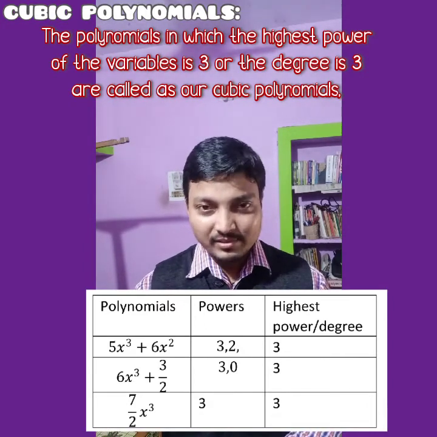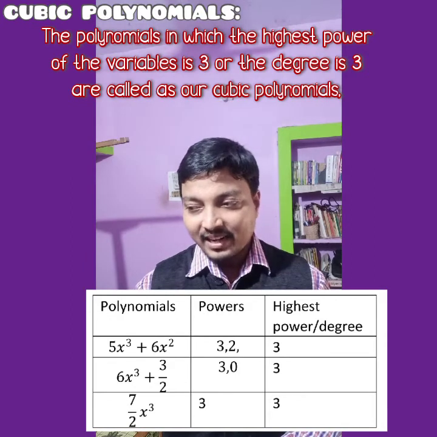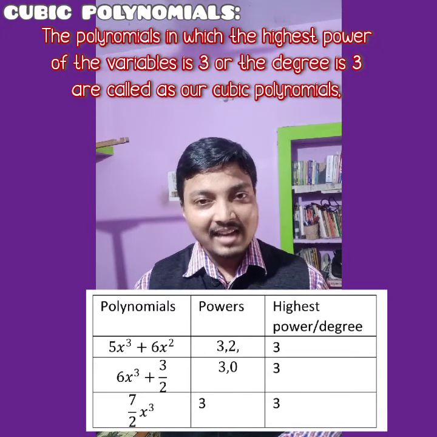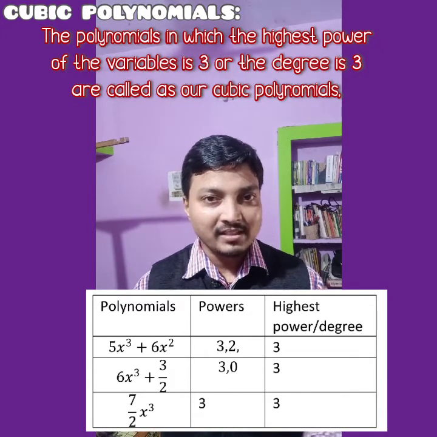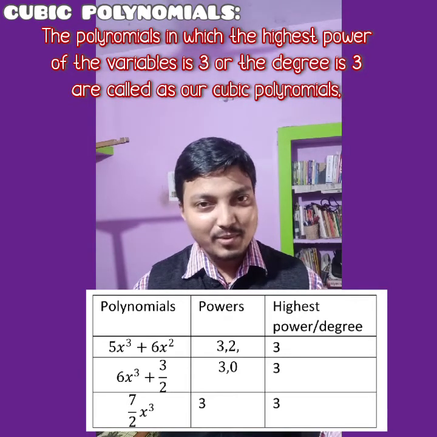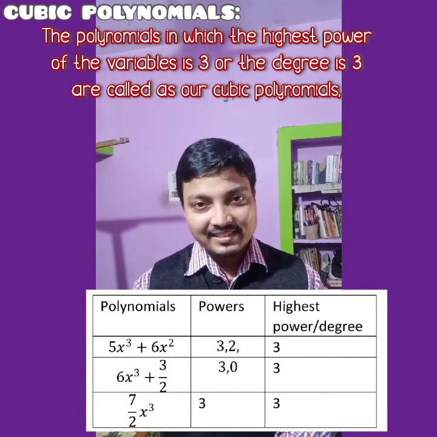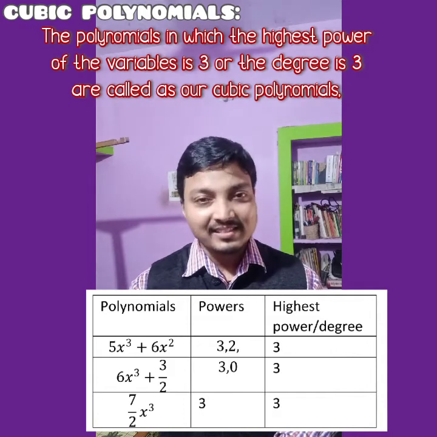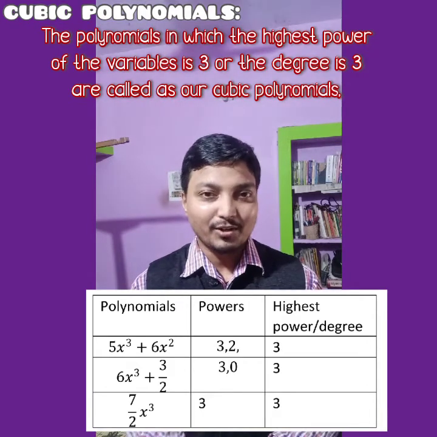It is a polynomial of a single term, and in that term the variable used is x and its power is 3. In a single term, whatever power it has is 100% the highest one. So here the power is 3, and 7 by 2 x cube is a cubic polynomial.